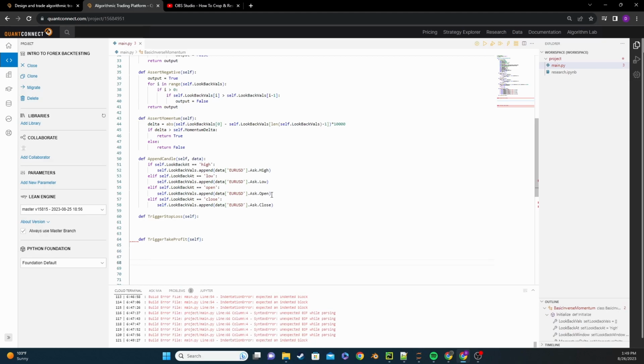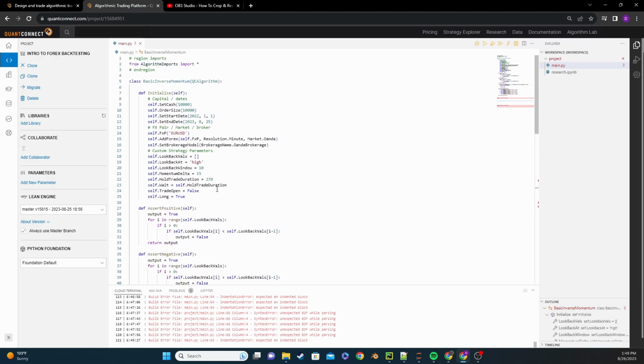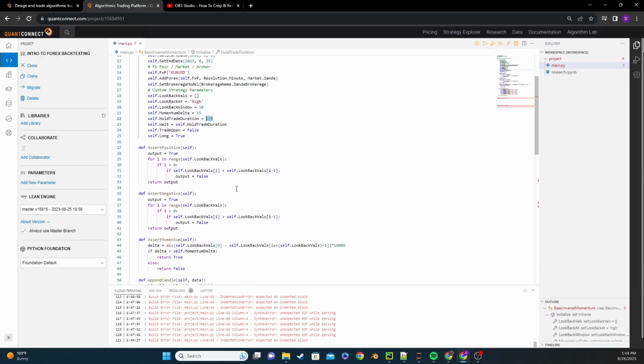And then if we're doing these things to trigger a stop loss or trigger a take profit, we maybe want to be able to define if we have done this, right? So if you think about it, the way this strategy is typically working is we're holding a trade for 270 seconds.